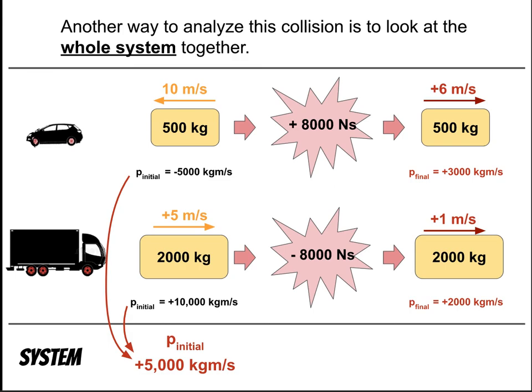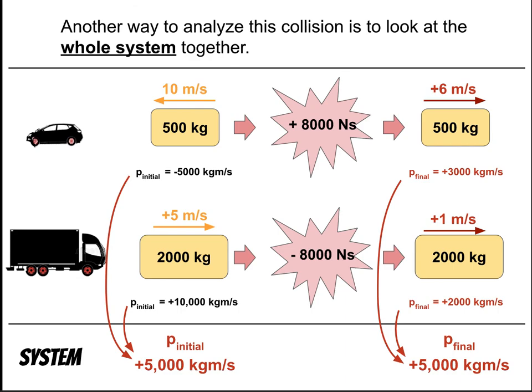So together, if I look at the whole system, add those two numbers together, pay attention to the signs, I get a positive 5,000. Now let's look over here after the collision. The car had positive 3,000, the truck had positive 2,000. When I add those together, I also get positive 5,000.